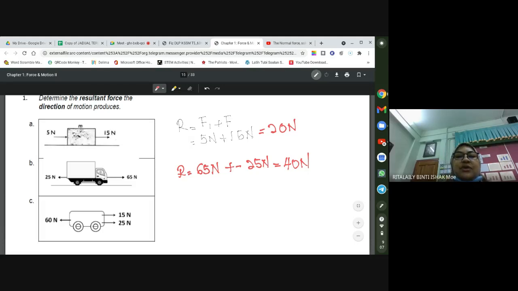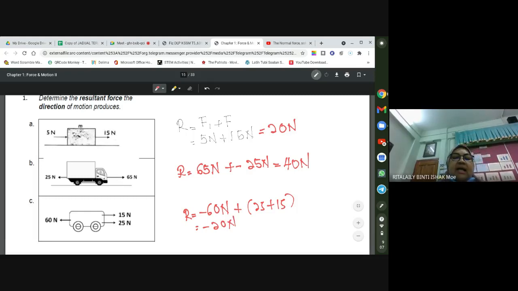Okay, so since there are three forces and two forces are in the same direction, whereas the other one is on the opposite, and since you decide to the left is negative, then we can write negative 60 Newton plus 25 plus 15. So we get negative 20 Newton.